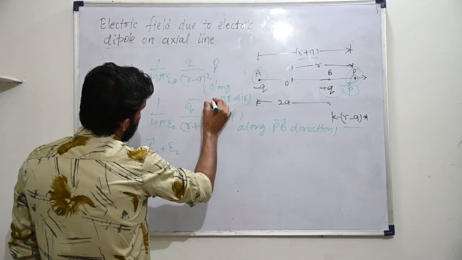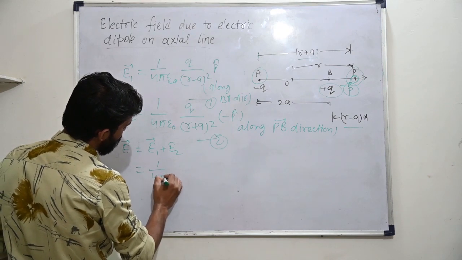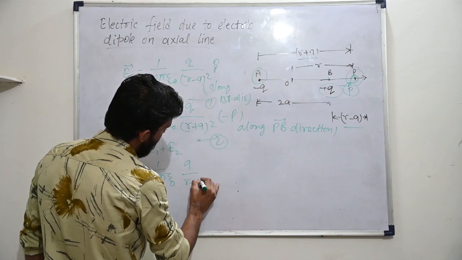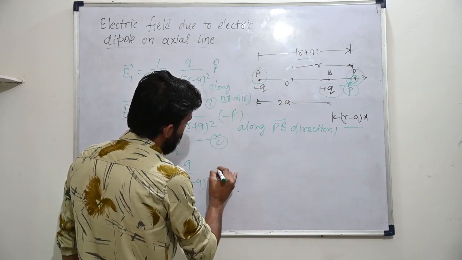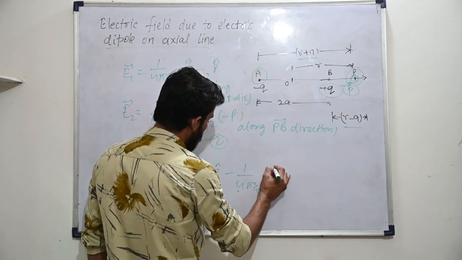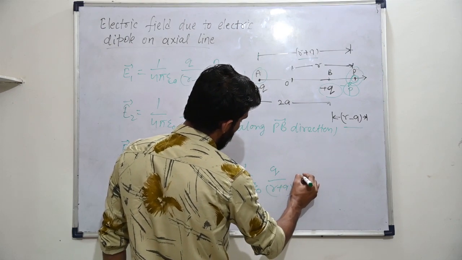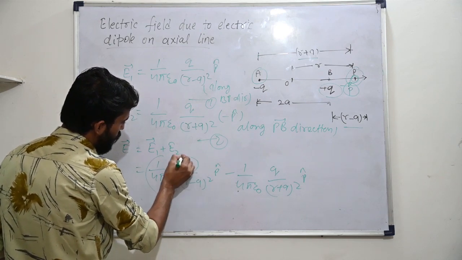Put the values from equation 1 and equation 2. 1 upon 4 pi epsilon naught q upon (r minus a) whole square p cap minus 1 upon 4 pi epsilon naught q upon (r plus a) whole square p cap. Here is the common part.